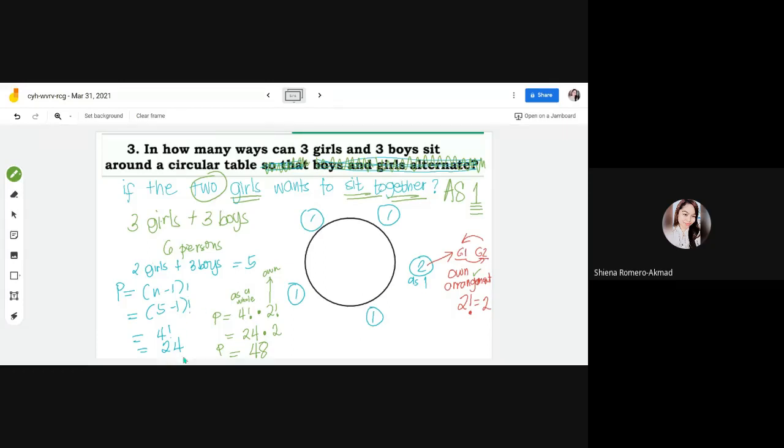In all of these 24 arrangements, G1 is here and G2 is there. What if they swap? G2 is here and G1 is there. That is a different story also, and it is also 24. That is why we multiply by 2. The arrangements they can make as a whole, with G1 here and G2 there, are 24, and when they swap, there is another 24 arrangements. That's why we simply multiply it by 2.